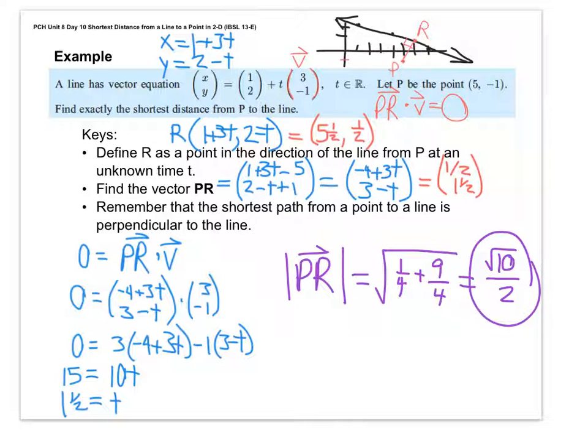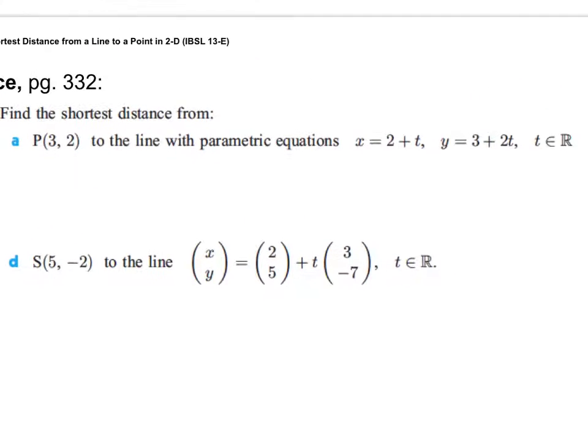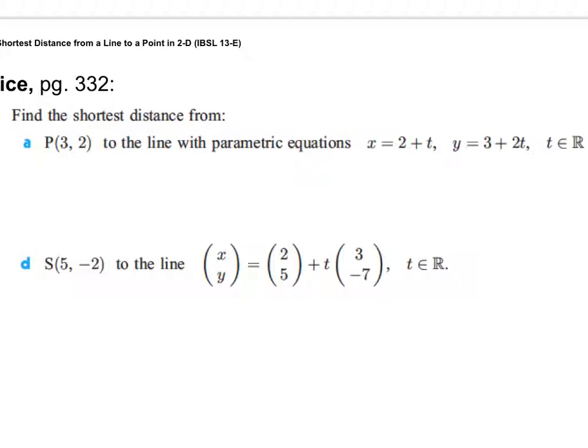So, let's try the process one more time, and I'm going to have you guys try the process once on your own. Let's do 1A together real quickly here, and I'll do it a little bit faster this time. The first thing that we're going to do, if we want the shortest distance from P (3, 2) to this line, is find R, which is 2 plus t, and 3 plus 2t.